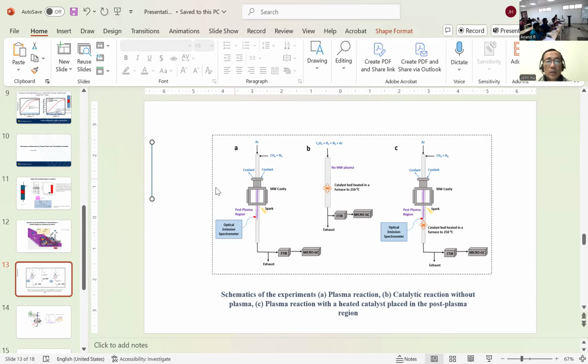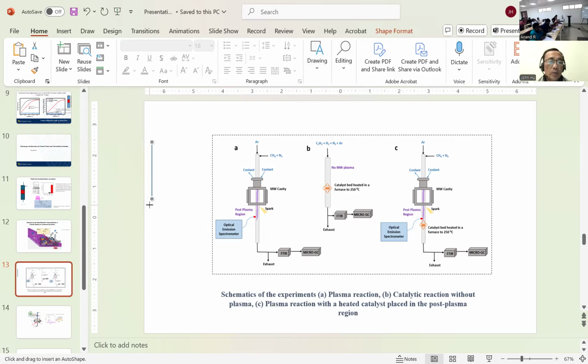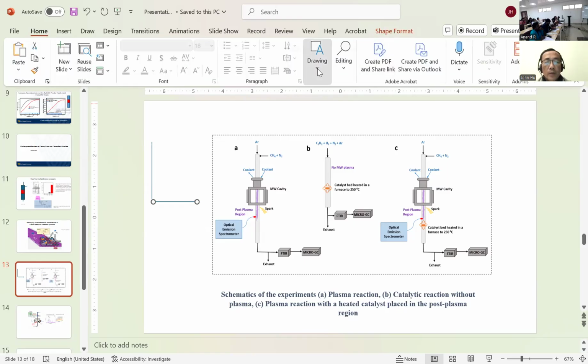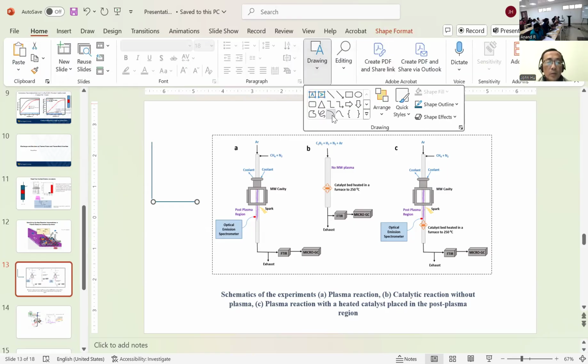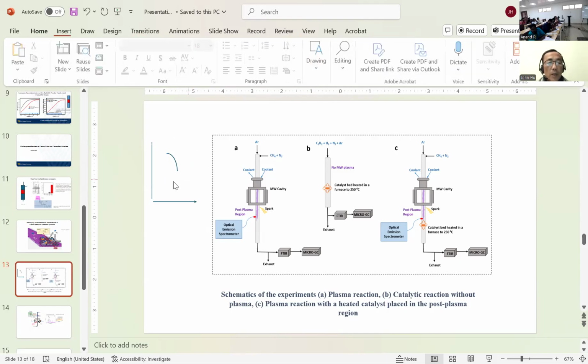I'm not going to draw. I don't want to go to annotation because I may not be able to come back somehow. So let me draw very quickly. You remember this, and I'm trying to find a better way to do this. So basically you have to cross the mountain, and then the plasma is, I'm sorry, I'm just going to describe.